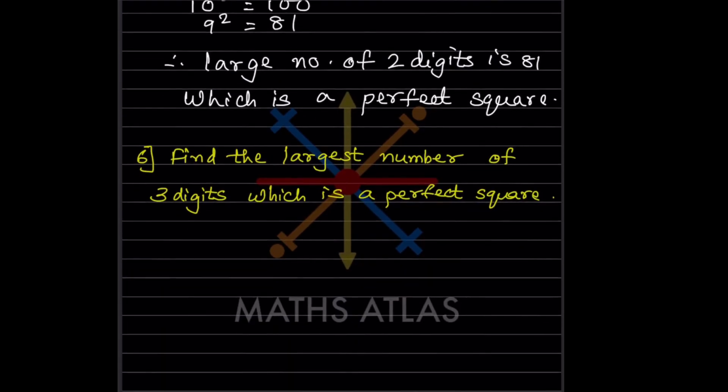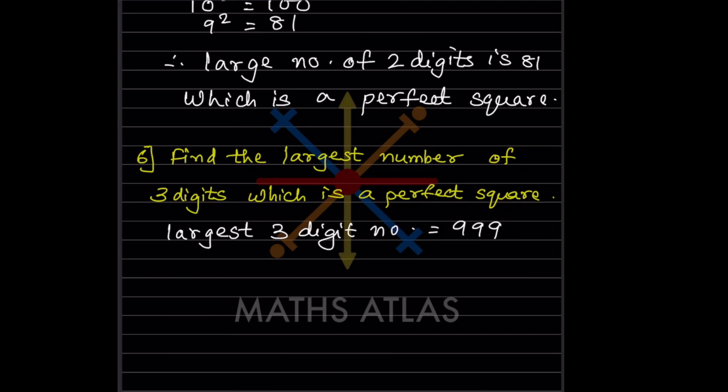Now we have to see here, find the largest of 3 digits which is a perfect square. So now actually the largest 3 digit number is 999. So now actually this is not a perfect square.